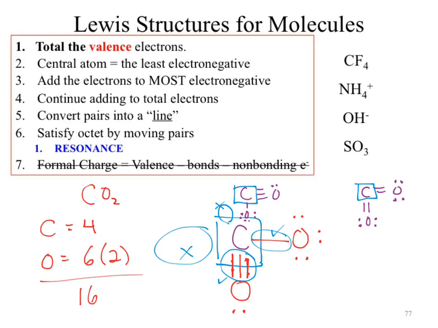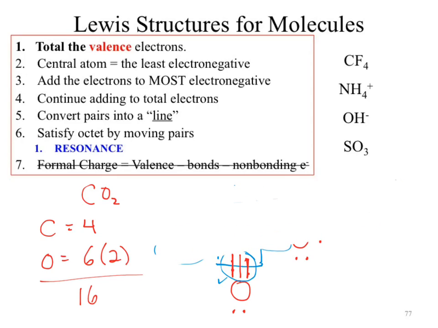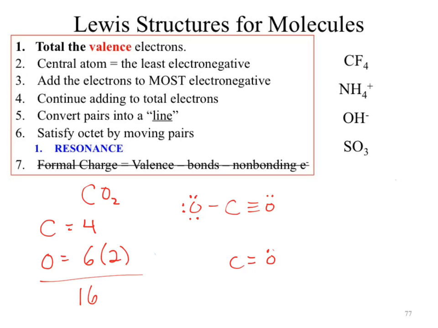Okay? So let's redraw these structures. Am I allowed to redraw, erase all this? Okay. So let's redraw this to better reflect the shape of the molecule. So there's one of our options. And I didn't forget your hand.